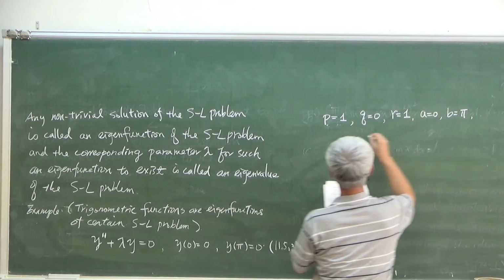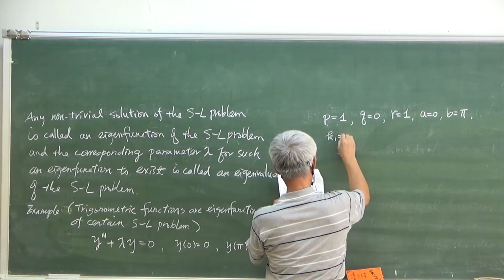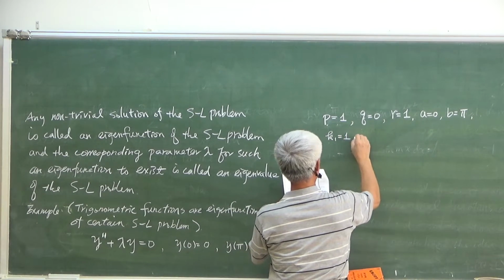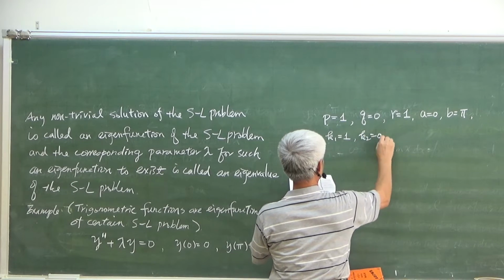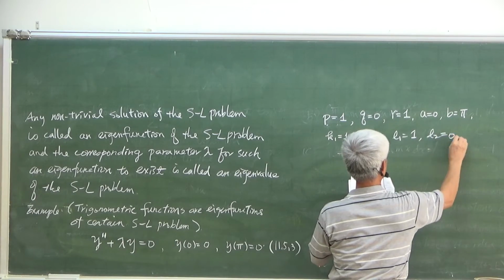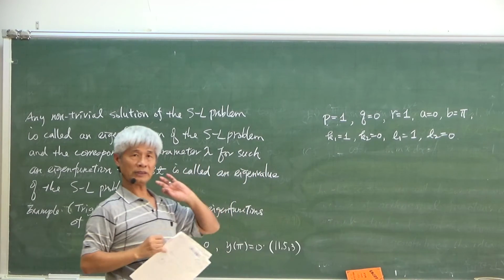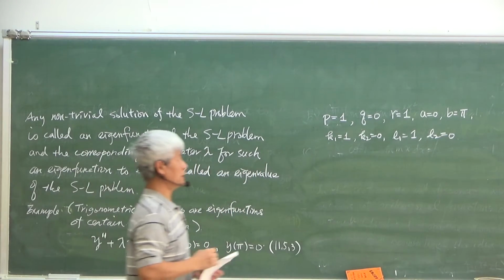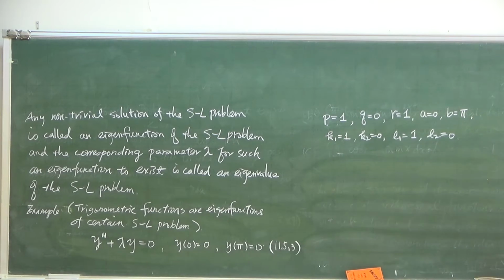And we know k1 is equal to 1, k2 equal to 0, l1 is equal to 1, but l2 is equal to 0. So this is all the information we need to form a Sturm-Liouville problem.